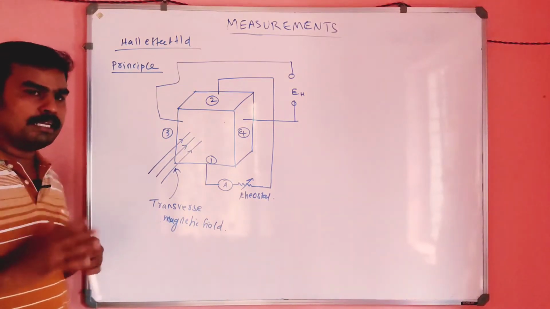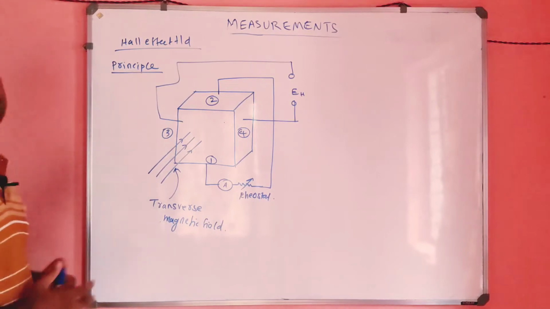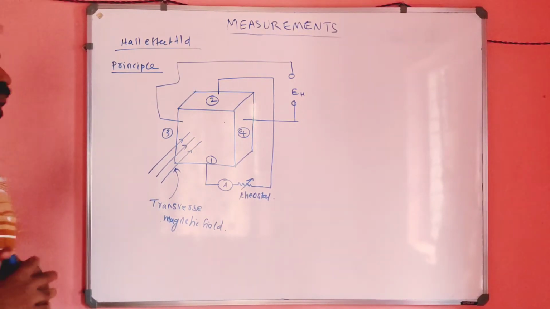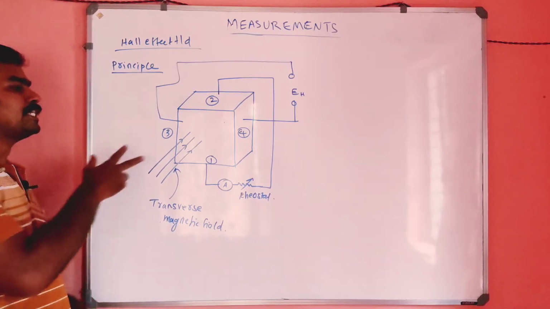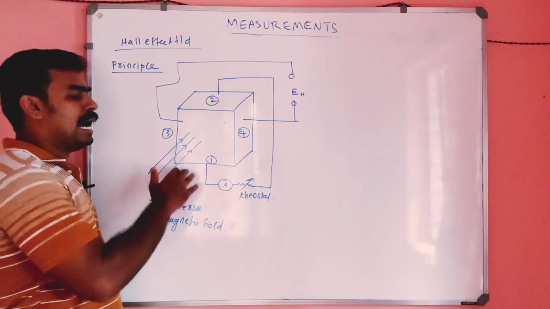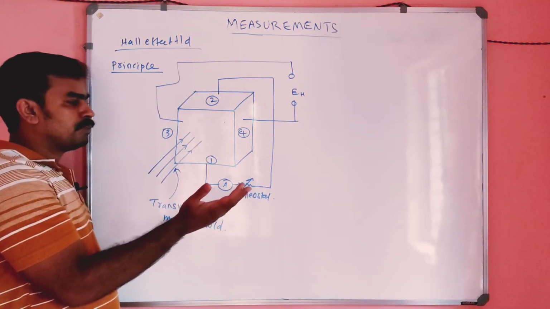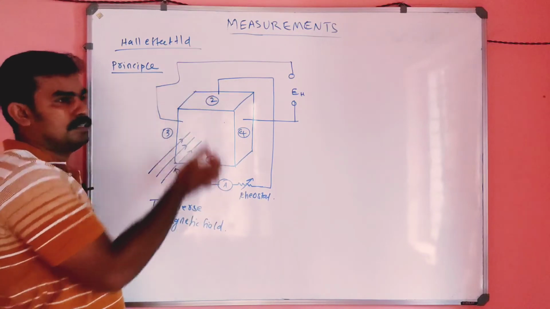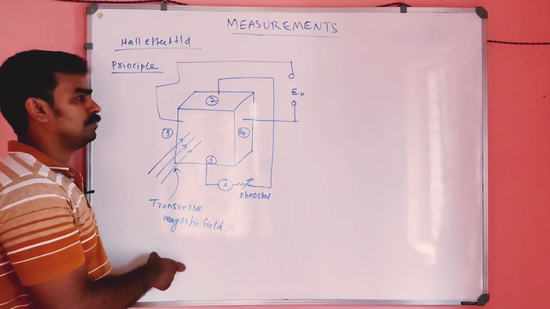Normally the principle of Hall effect means if a conductor or a semiconductor is placed in a transverse magnetic field, and in another direction we send some current through other phases of the transducer.